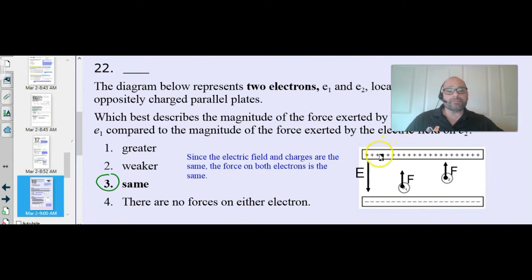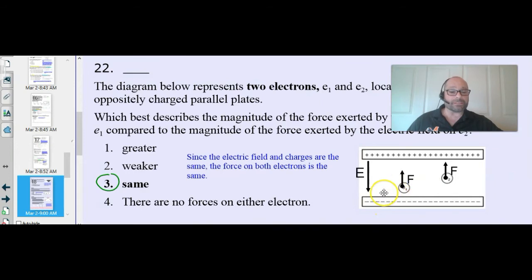So the key to this problem is to recall that the electric field between the 2 plates is uniform. It has the same force on each charge.